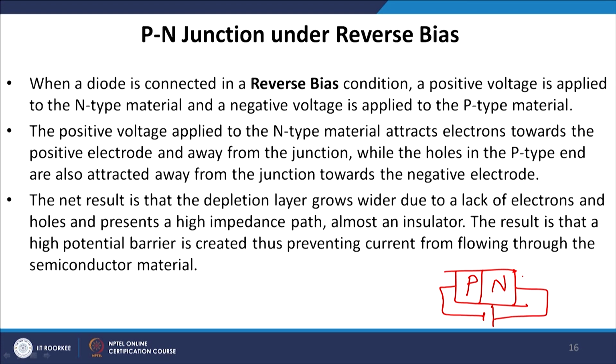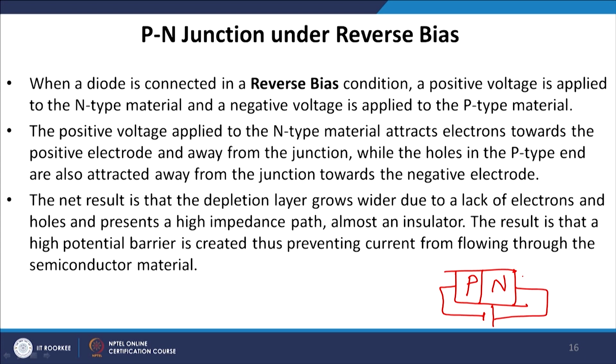When a diode is connected in a reverse bias condition, a positive voltage is applied to the N type material and negative voltage is applied to the P type material. The positive voltage applied to the N type material attracts electrons towards the positive electrode and away from the junction, while the holes in the P type end are also attracted away from the junction towards the negative electrode.